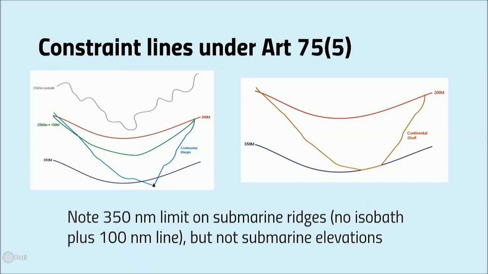Now this is quite complex, but it's made more complex by the fact that in the case of a submarine ridge, as opposed to certain other types of submarine features such as elevations, you can only claim the 350 nautical mile line, not the isobath based line, and in some cases that might get you less of the continental shelf.